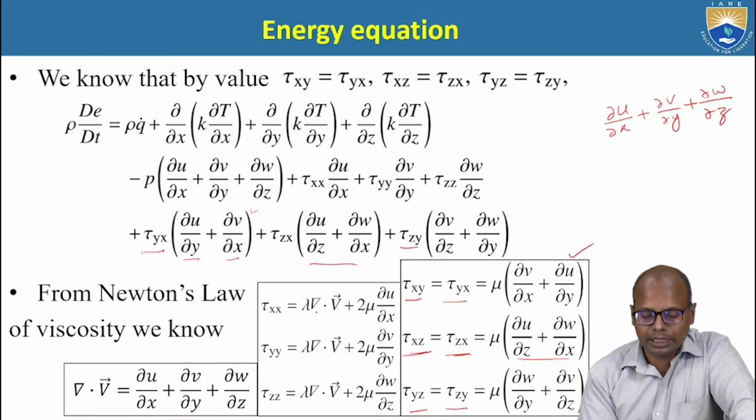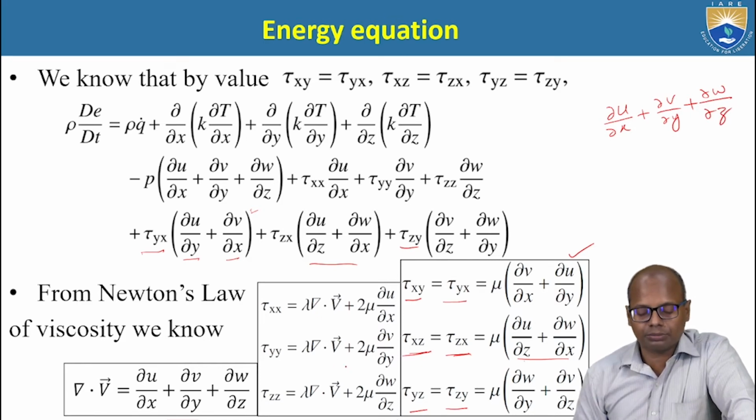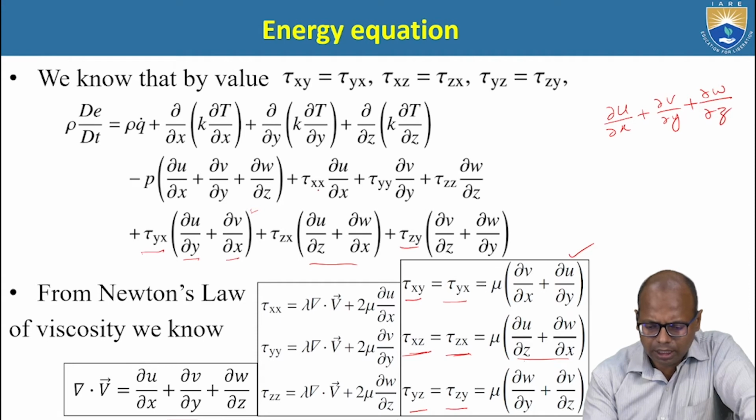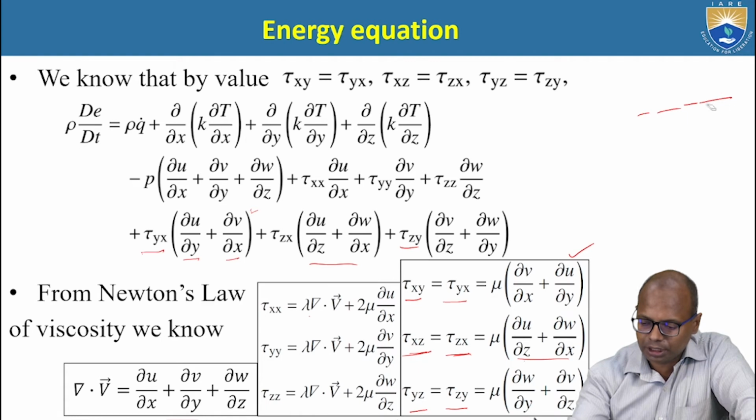So this del dot v bar, I had three terms. Now here, in place of tau xx, I have to substitute all these three terms. So here I have 1, 2, 3. So if I substitute this, I will be having two terms here.